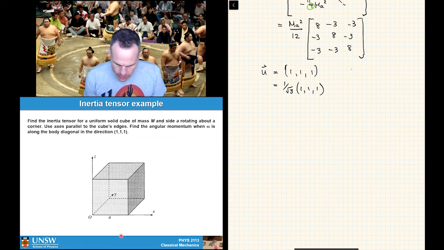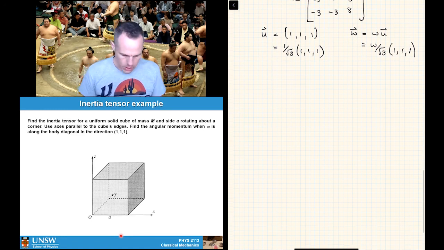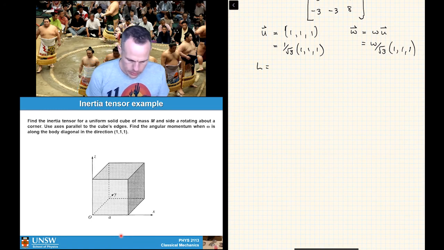Okay, so now our angular momentum is just going to be our angular momentum as a scalar times that unit vector for the rotation direction, and so it would be omega on square root 3, 1, 1, 1. Right. Angular momentum is I times omega.